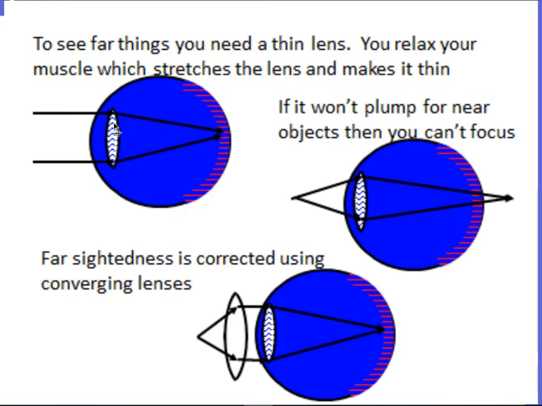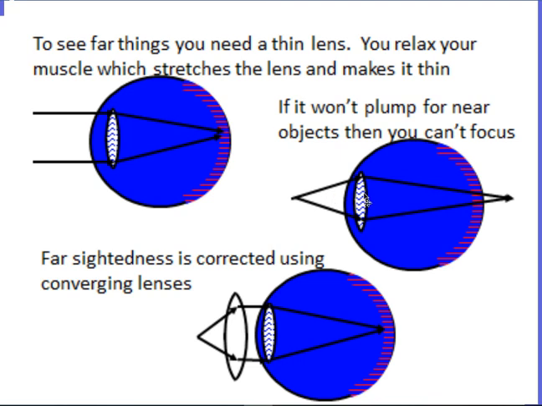This is the problem that older people have, lenses that do not plump up. I look at things far away, and there you need the lens to be thin, and our lenses are nice and thin, and they bring the light together. But when we look at things close up, we try to read, we need the lens to plump up.